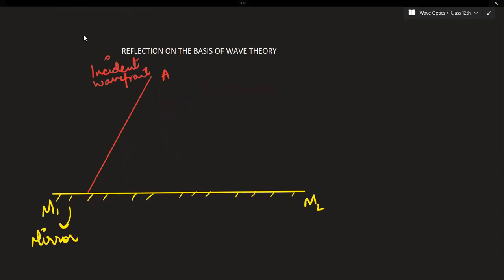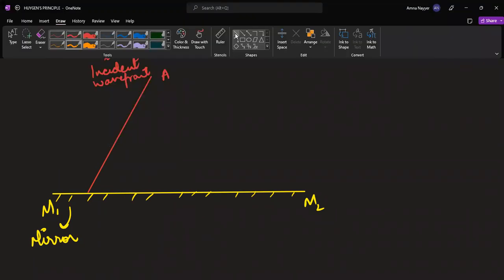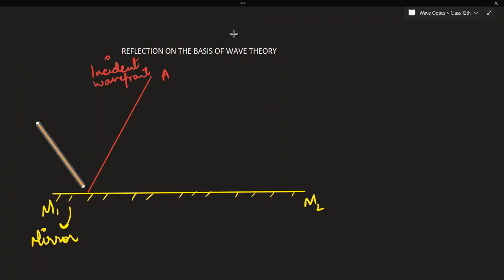The incident ray will be perpendicular to this. This is the incident ray, and this is the incident wavefront.